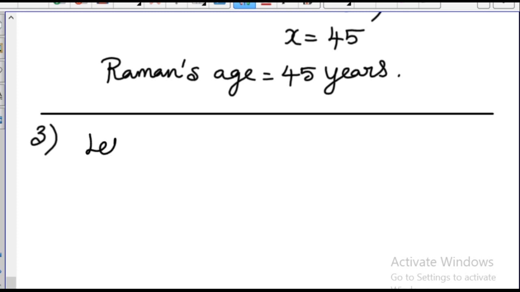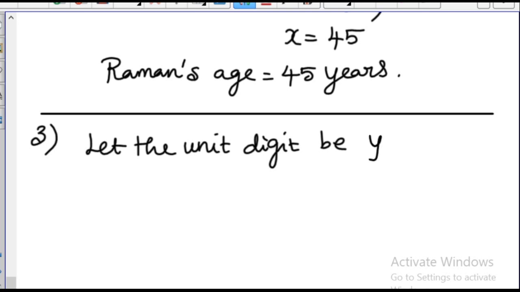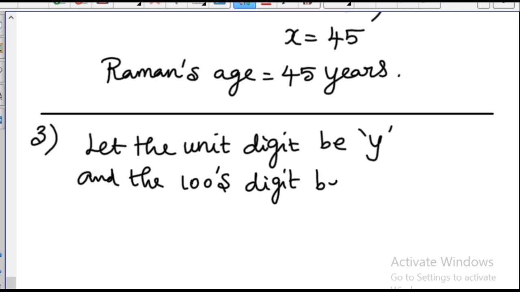Let the unit digit be y, and the hundreds digit be x.